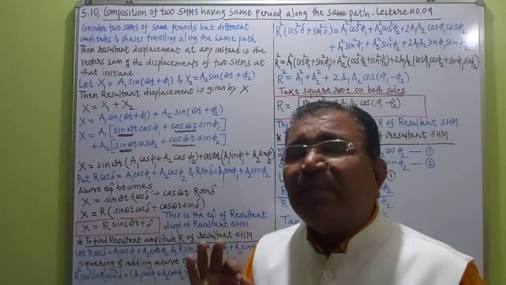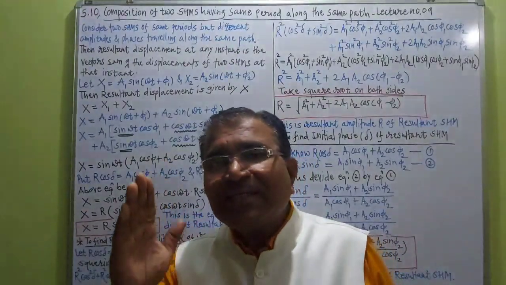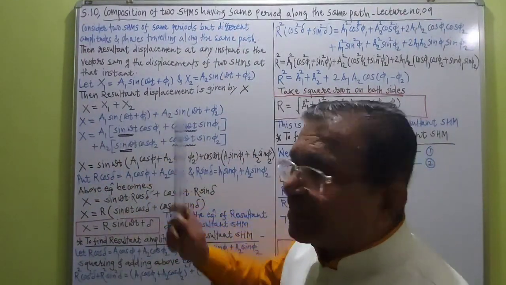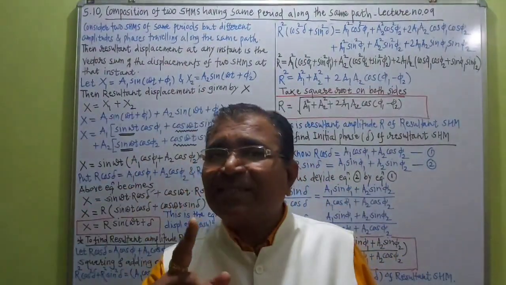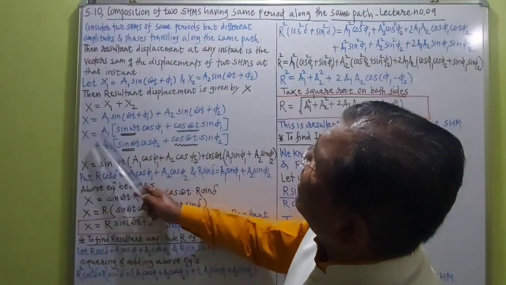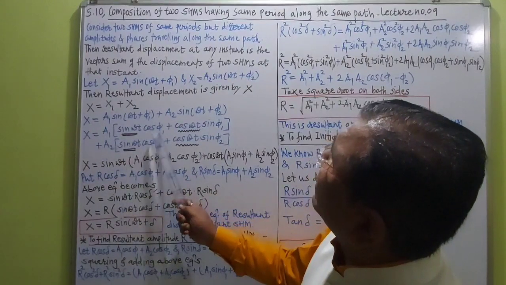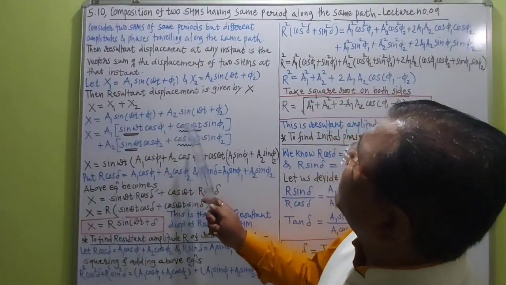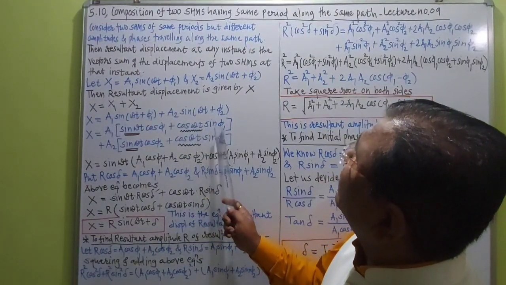Then we remember the formula for sin(A plus B). What is sin(A plus B)? Sin A cos B plus cos A sin B. See here, capital A1 is common: sin omega t cos phi 1 plus cos omega t sin phi 1.